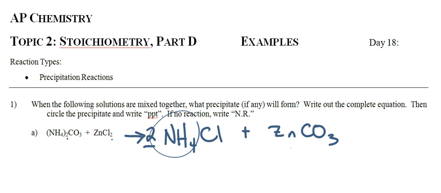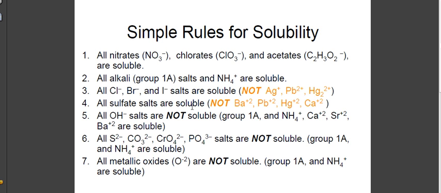Okay? All right. Number 4, all sulfates are soluble, except for barium, lead, mercury, and calcium. Now, about 4 or 5 years ago, I had a student, and we always come up with these mnemonic statements or sayings. And this is kind of funny.